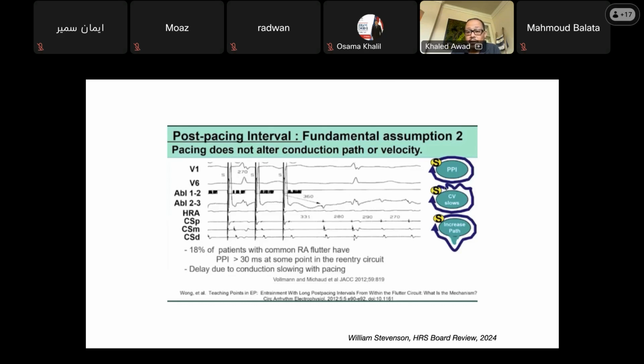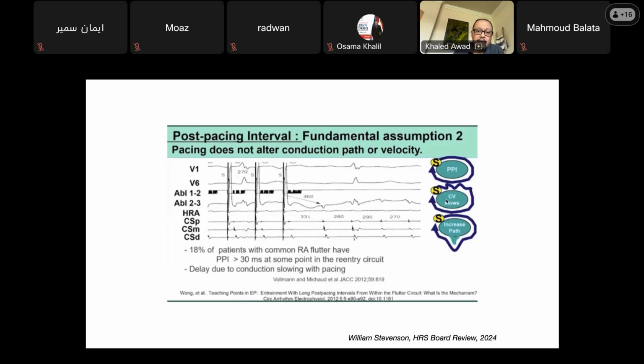So as you pace faster, you can cause slow conduction in part of the circuit. And what that does is it prolongs your post-pacing interval. It looks like you're not in the right spot. You are in the right spot. So that happens in atrial flutter. It happens when the cycle length is longer. It happens when you're dealing with a lot of scar and when you have a lot of decremental conduction.